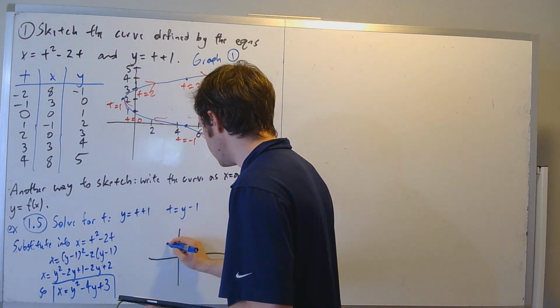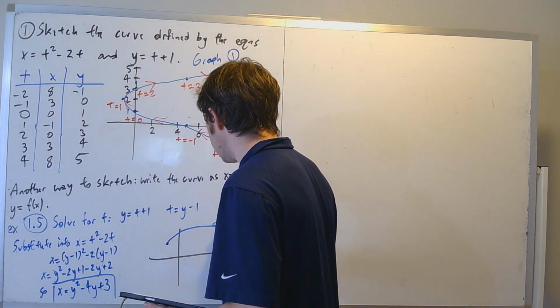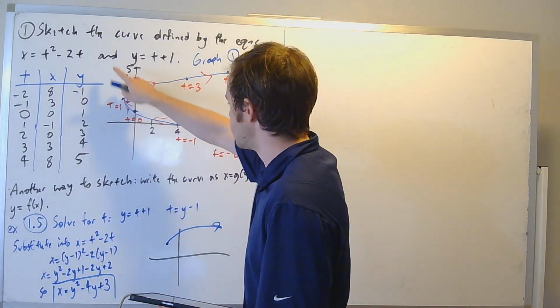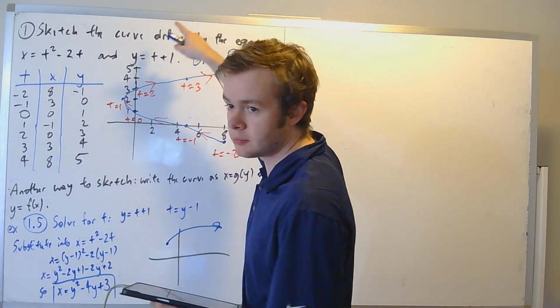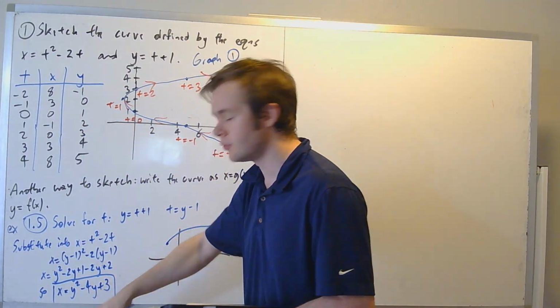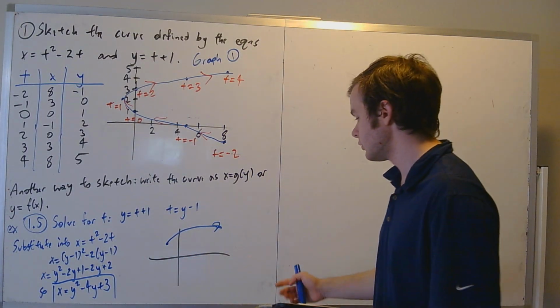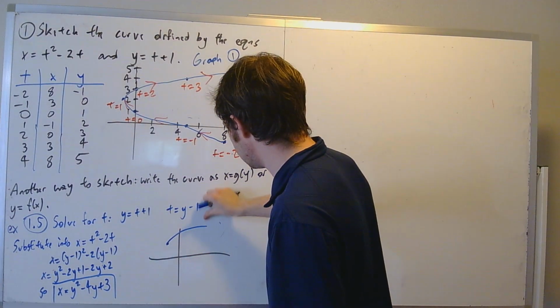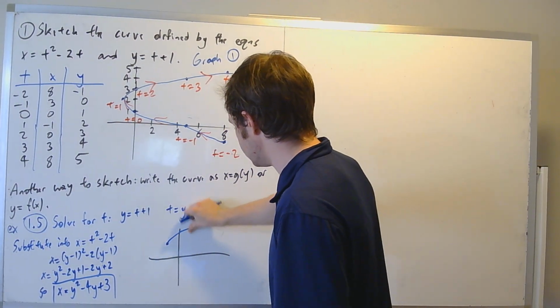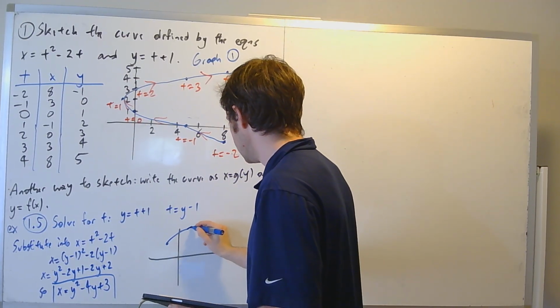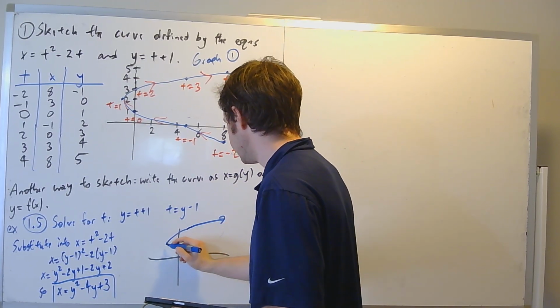Here, this is opening in the positive x direction. Normally a parabola would open in the positive y direction, but since this is in terms of y, we've got to rotate it 90 degrees. And now this opens in the positive x direction.